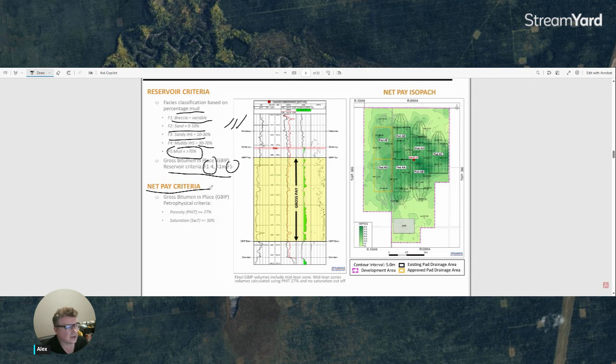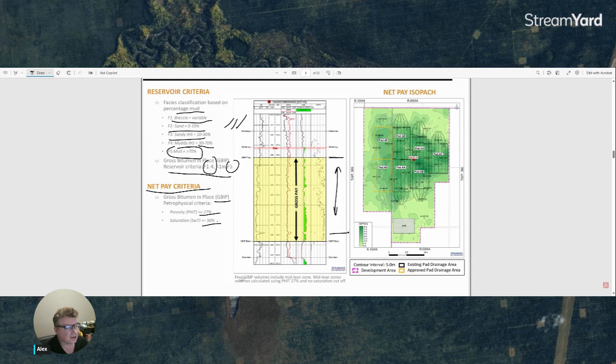We also have the net pay criteria here, as you can see, based on height, where the gross bitumen in place, GBIP, is based on the petrophysical criteria. It has porosity more than 27% and saturation SWT less than 50%. So that is how they define it here.